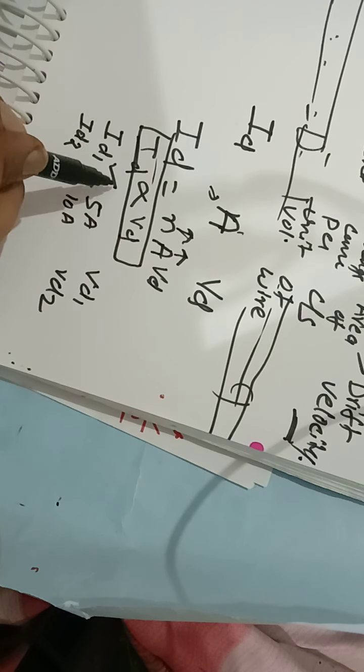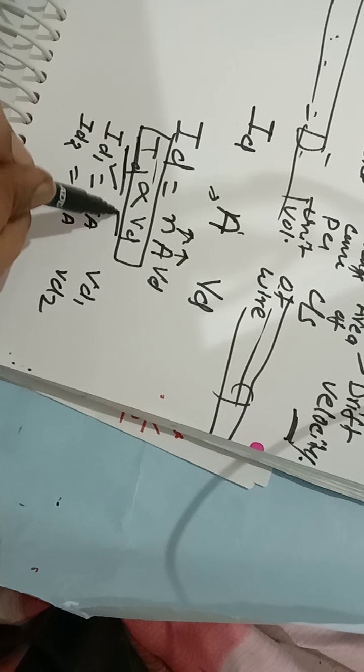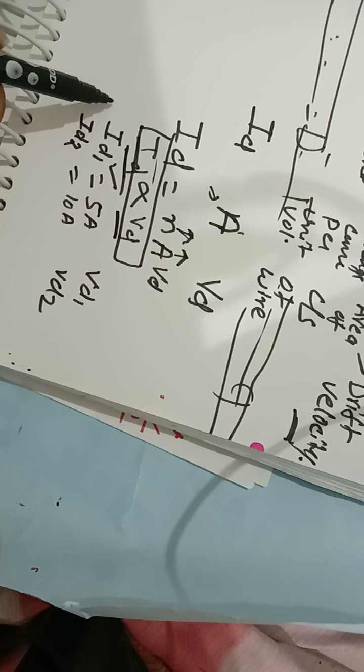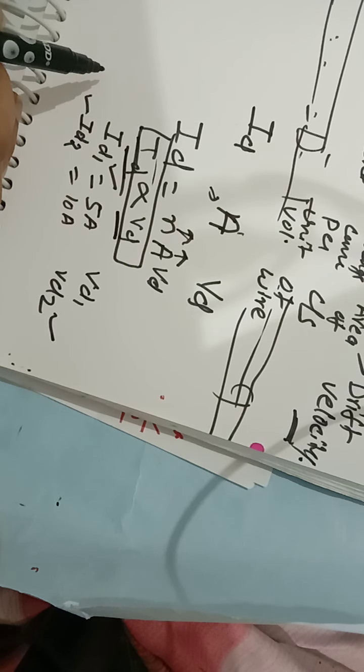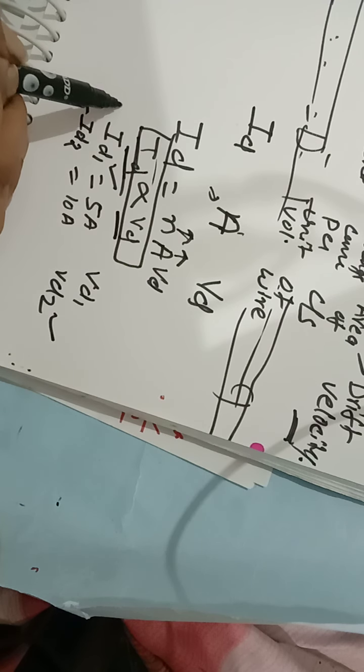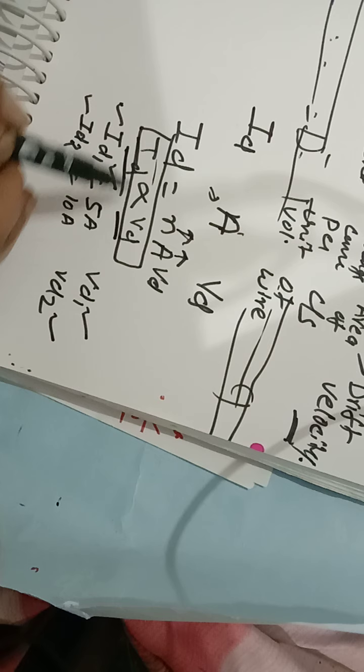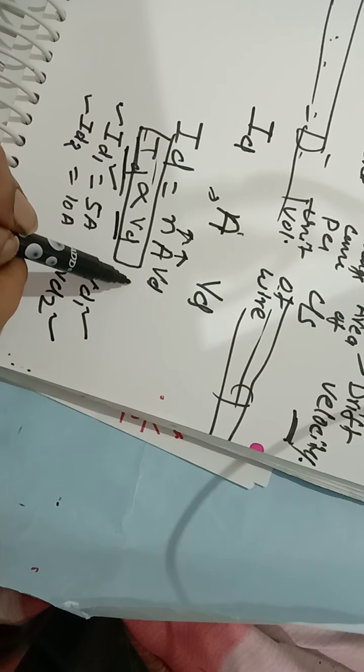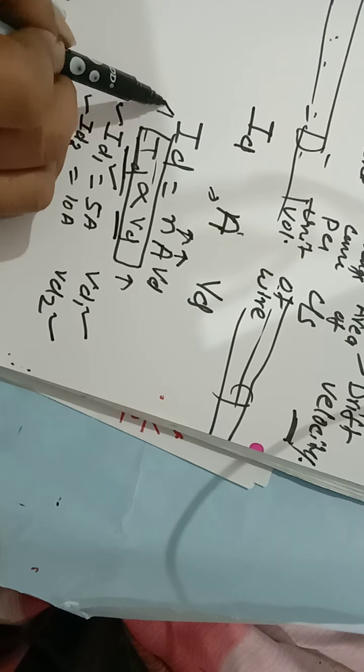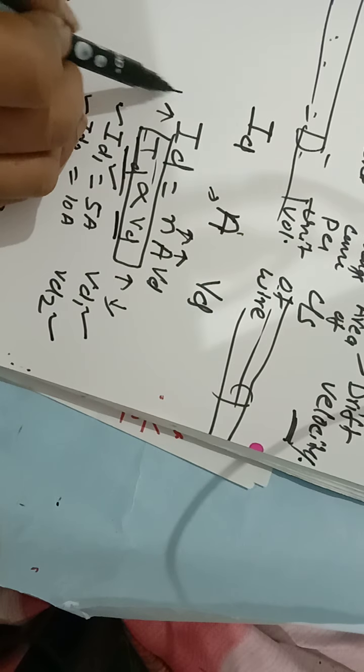Since ID is directly proportional to VD, since ID2 is more, VD2 will be more, and since ID1 is less, VD1 will be less. The explanation clearly says, if one quantity increases, the other also increases; if one decreases, the other also decreases.